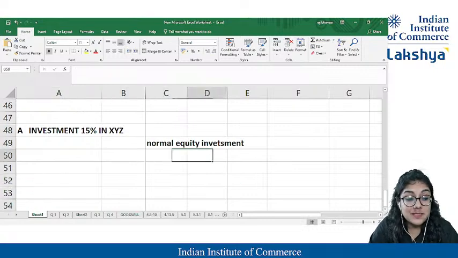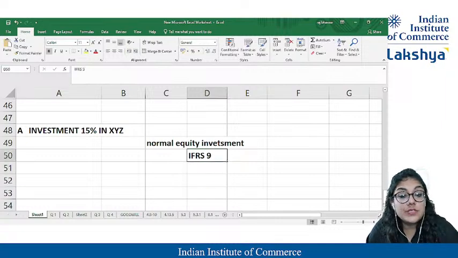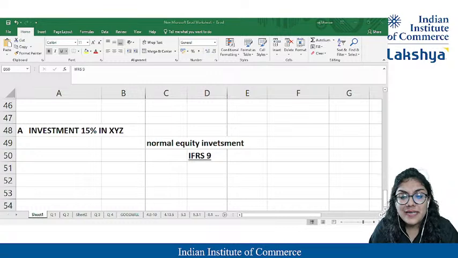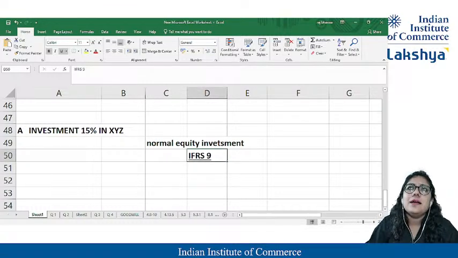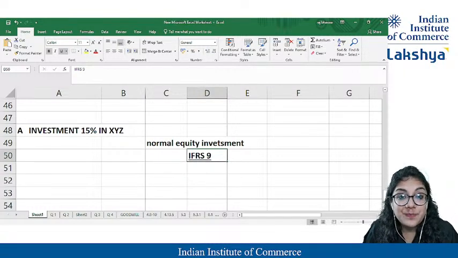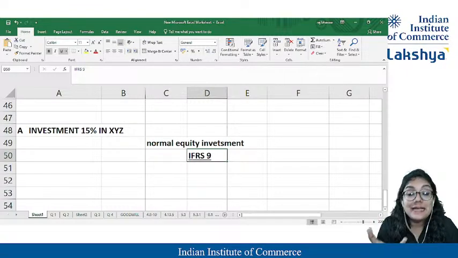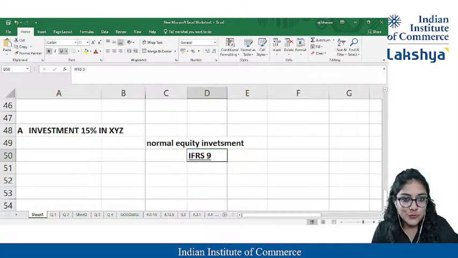We need to keep this very much in mind, that IFRS 9, which you remember, is about financial instruments. For a financial instrument we have three options. If it is a debt, and my company would want to hold that instrument for a long period, then the amortized cost method follows.